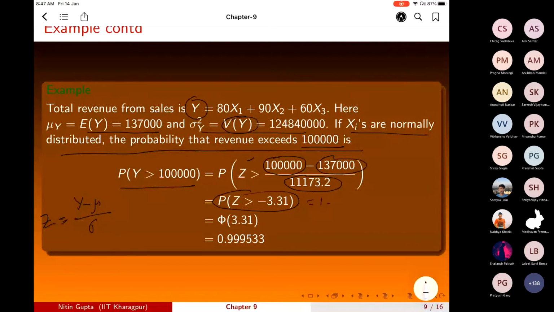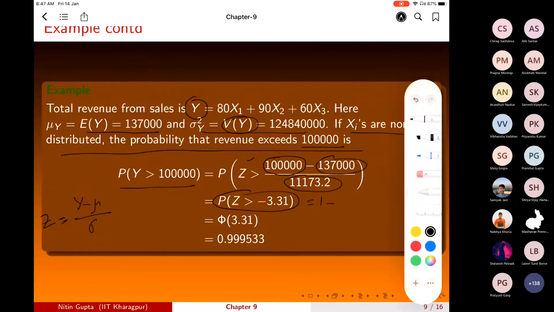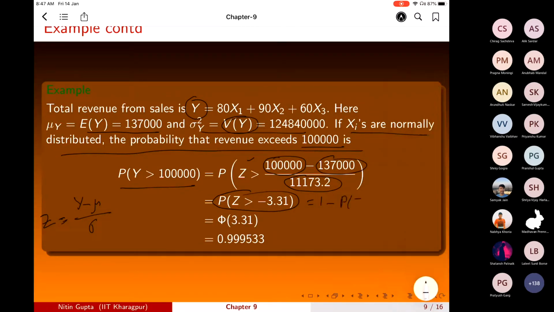So this will be 1 minus capital Phi of minus 3.31. That means the probability that Z is less than or equal to minus 3.31. So therefore this will be 1 minus capital Phi of 3.31.